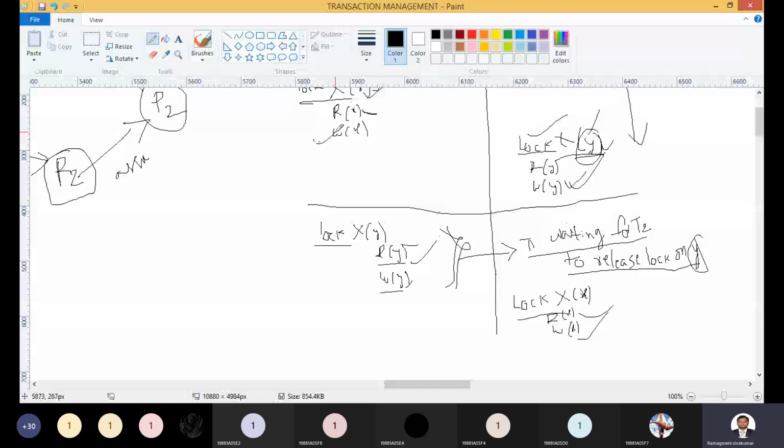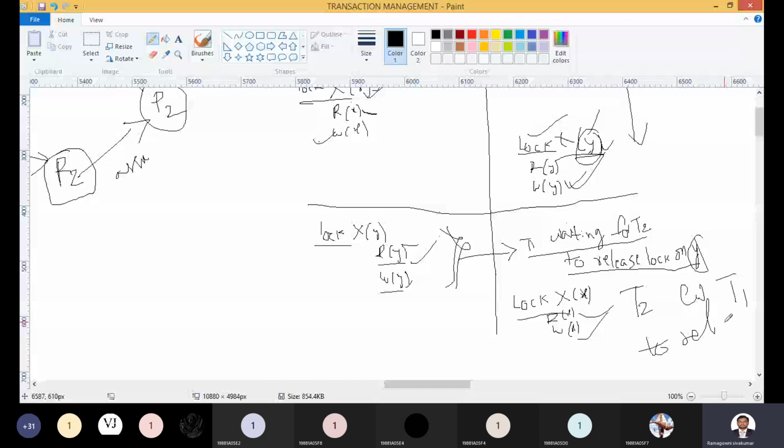So that means here this T2 is waiting for T1 transaction to release lock on X data item. Are you understanding?